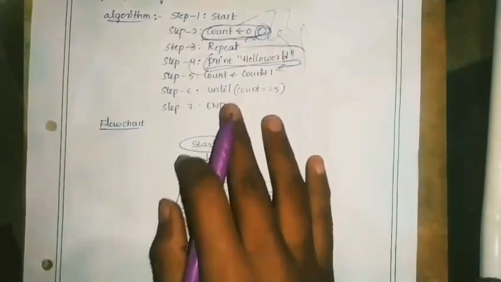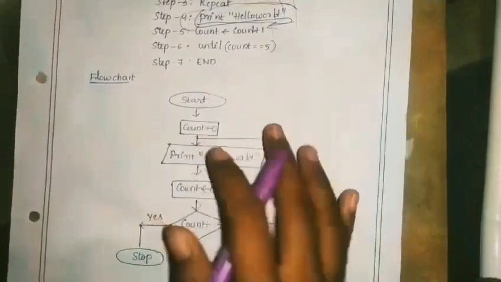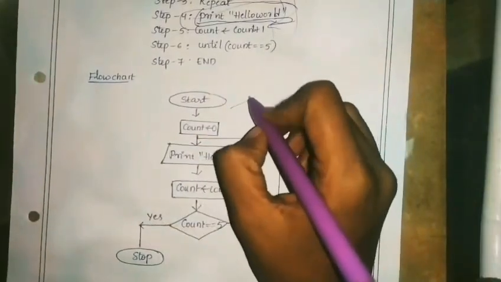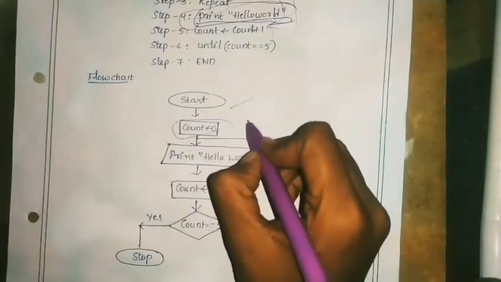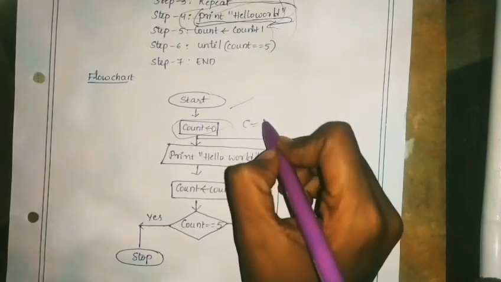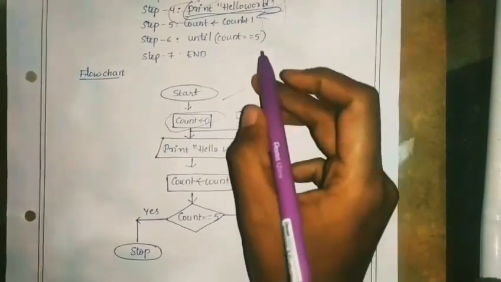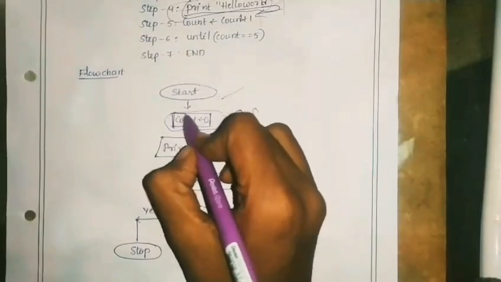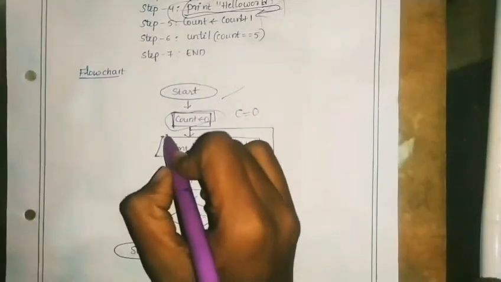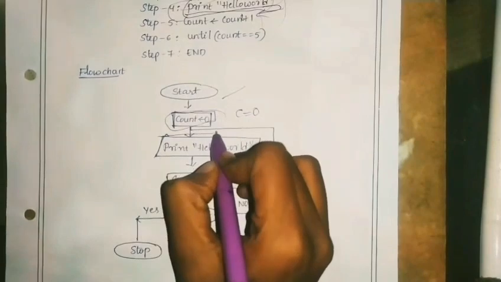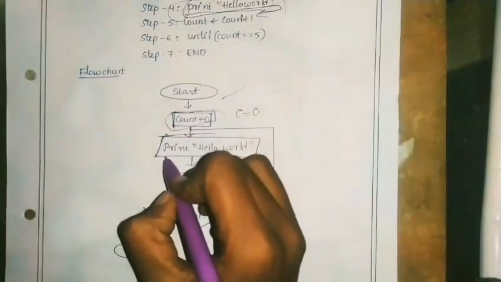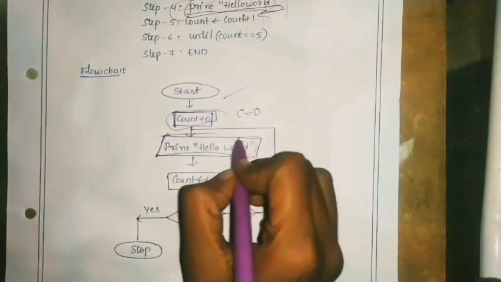Let's discuss the flowchart. First we have to start, then assign c equals 0, so we use a rectangle here. Then for print, output or reading statements, we use the parallelogram.